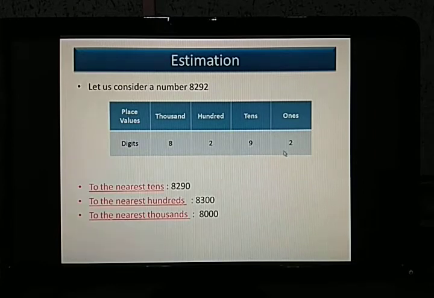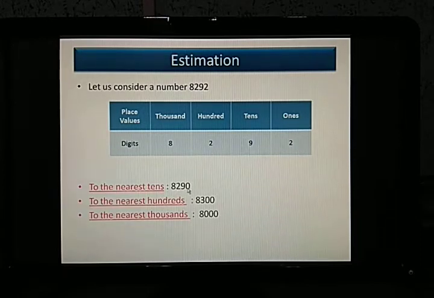And if the lower place value is 5 or more than 5, then the number which you have to round off gets added by 1. Clear? And the rest of the thing turns to 0, meaning all the lower places turn to 0.